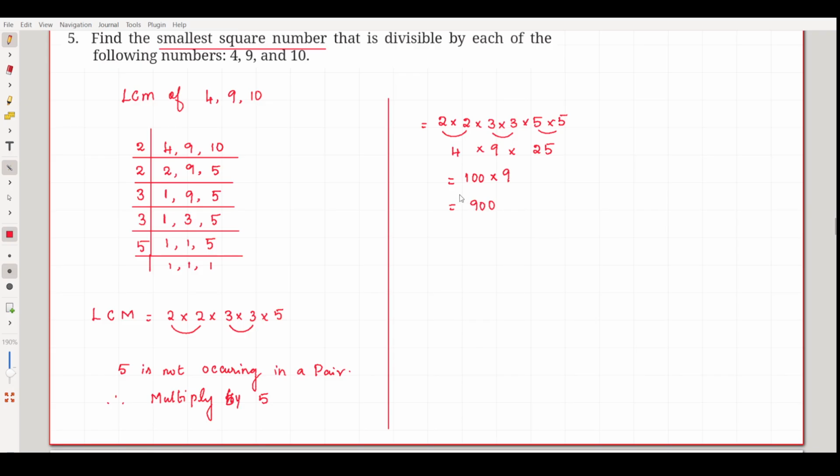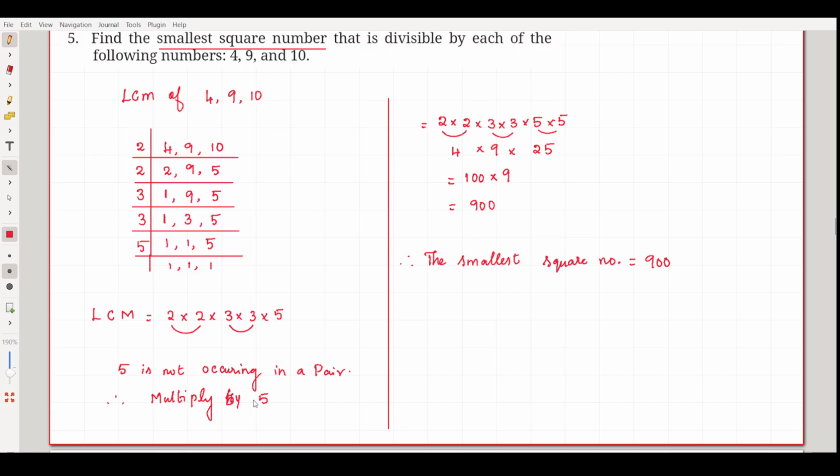So 900 is the answer. 900 is the smallest square number that is divisible by 4, 9 and 10.